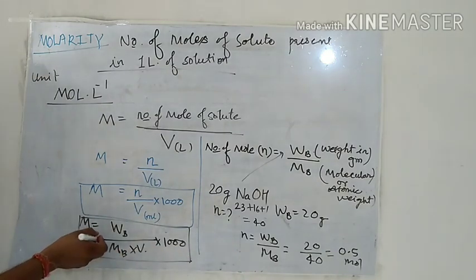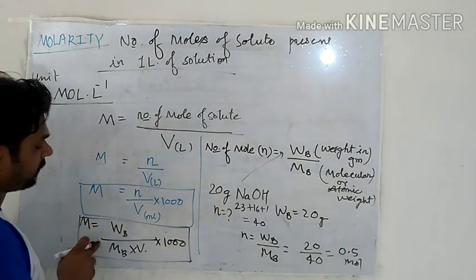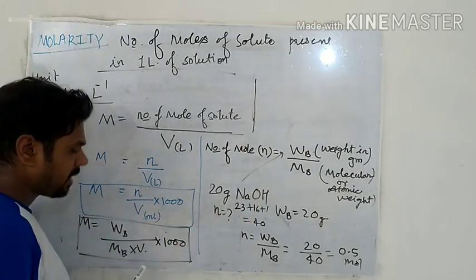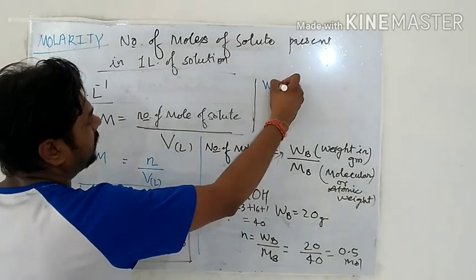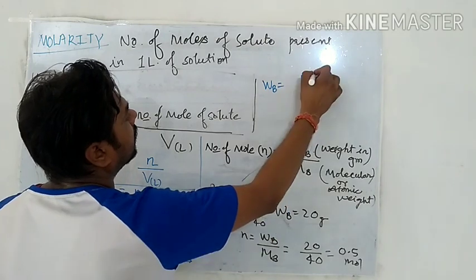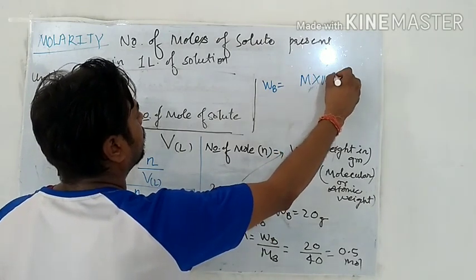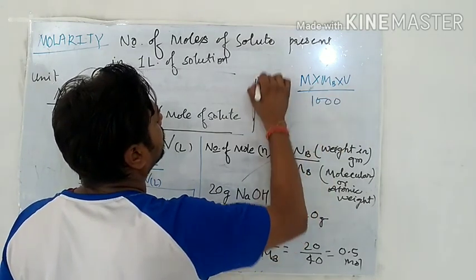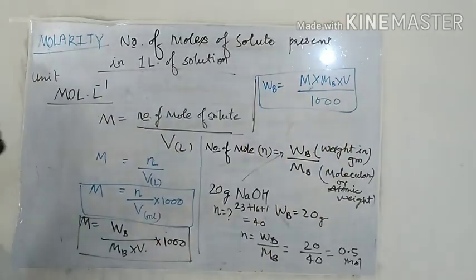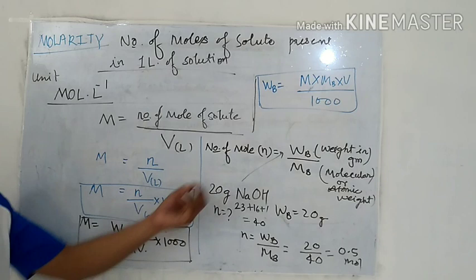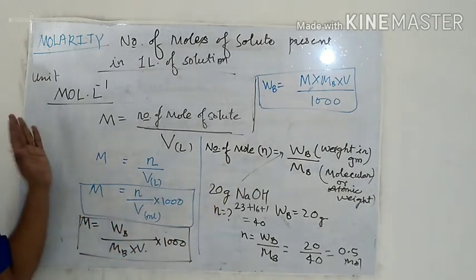Further, the formula can be written in terms of weight: WB is equal to molarity into molecular weight into volume upon 1000, that is M MB V over 1000. So these are the formulas of molarity. Here we have to remember how to find the number of moles and how to deal with molarity.